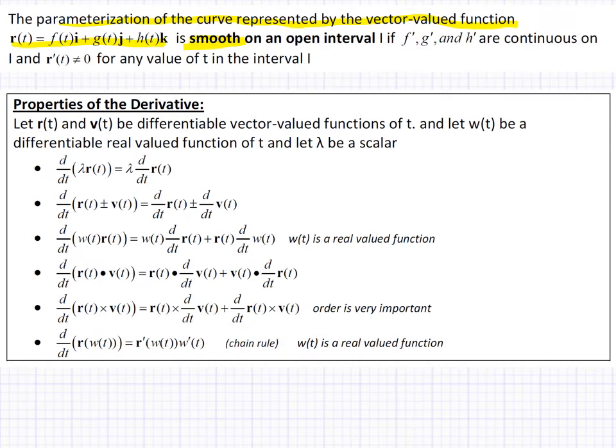We'll say that that curve is smooth on an open interval I if the derivatives of all the individual component functions are continuous on that interval and the vector valued function isn't the 0 vector for any t value in that interval. So we just define that as a smooth curve. So it's sort of a continuation of, or probably a variation would be the better word, of continuity.